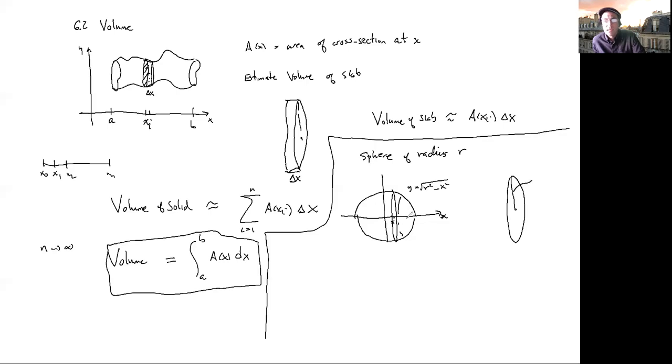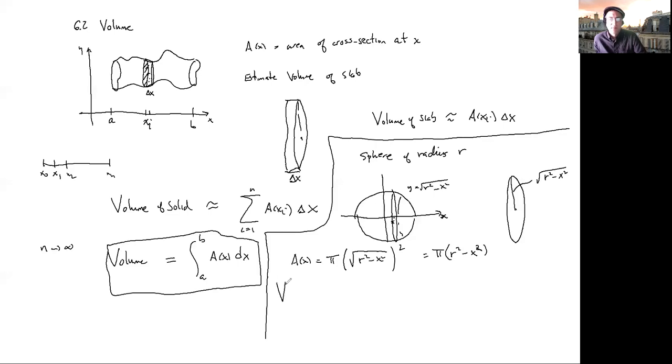The radius is the height, which is the square root of r squared minus x squared. So A of x in this case is given by pi times the radius squared, which is the square root of r squared minus x squared, quantity squared, which is pi times (r squared minus x squared).